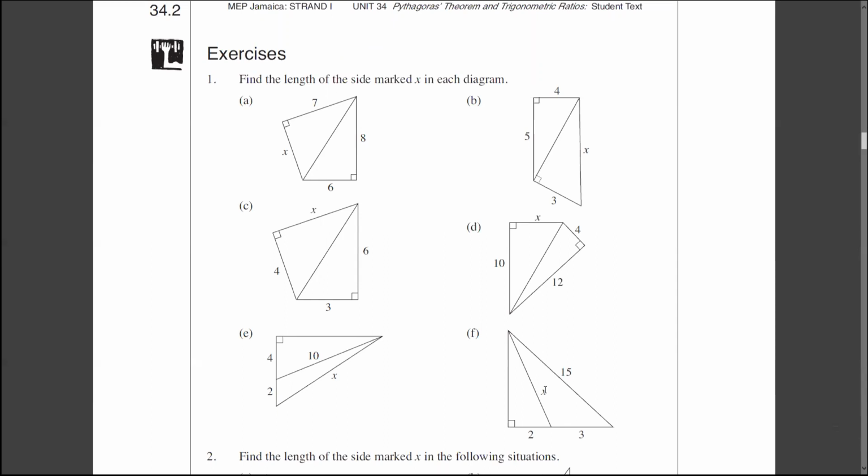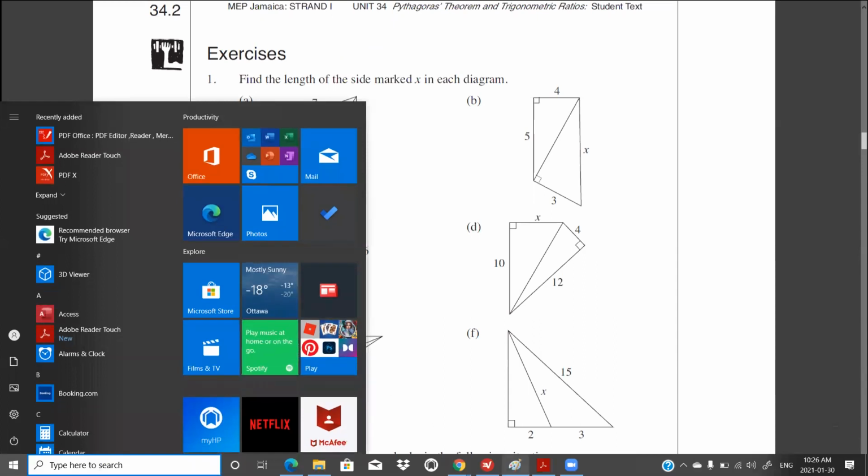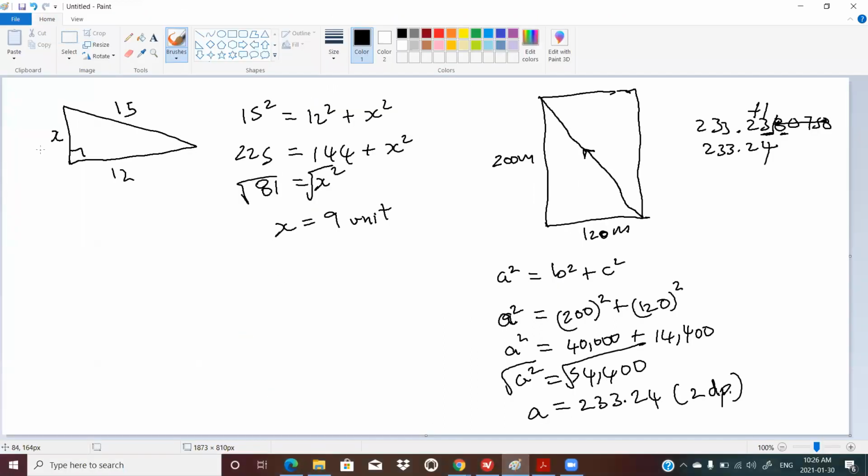Maybe we can look at it. Let us see. So it is 15 here, 2 and 3. Let me see.